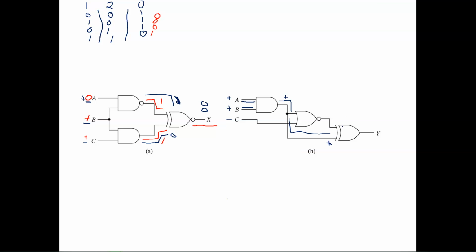So this guy, go ahead. I was just agreeing. Okay. So this guy right here is an exclusive what? It's an exclusive OR. You're correct. So in order for him to get a signal out, does he have to have signals that are the same or signals that are different? Different. Okay.